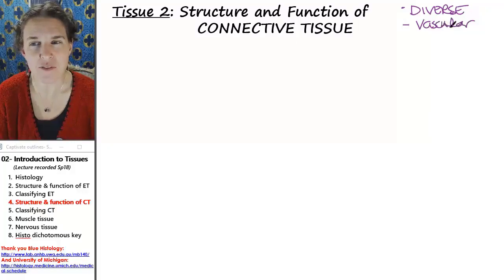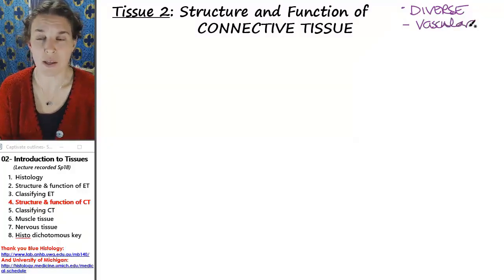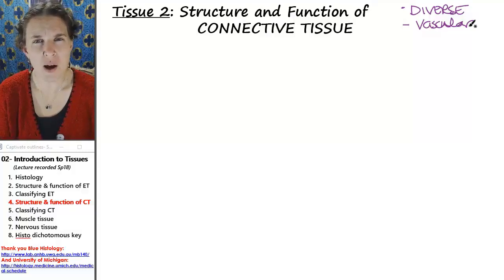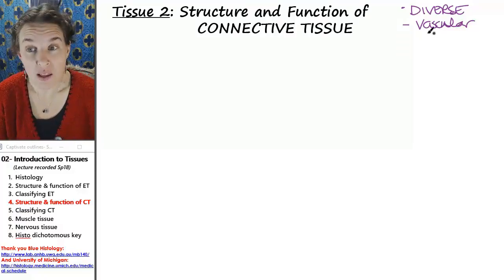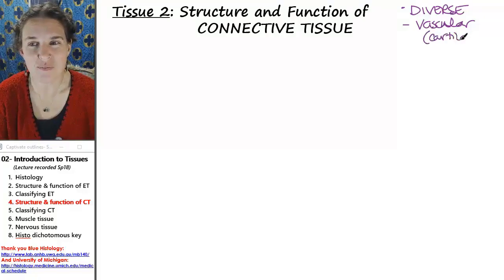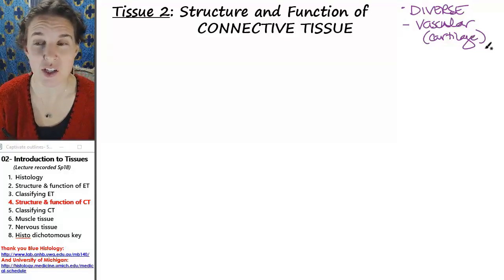Most connective tissues are vascular. Now think about that for a second. So what? Why is this relevant? Who is avascular? Epithelial tissues are avascular. All connective tissues are vascular except for cartilage. Bone and cartilage are both connective tissues.